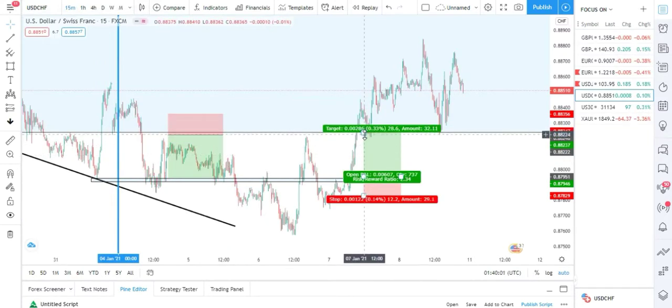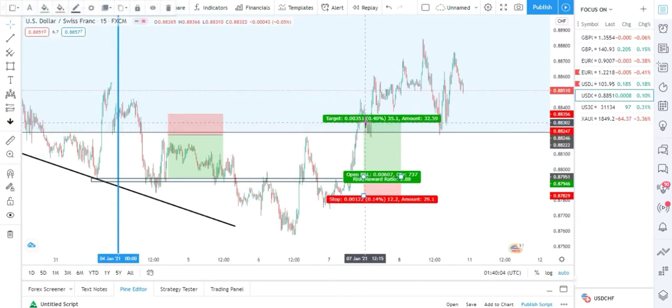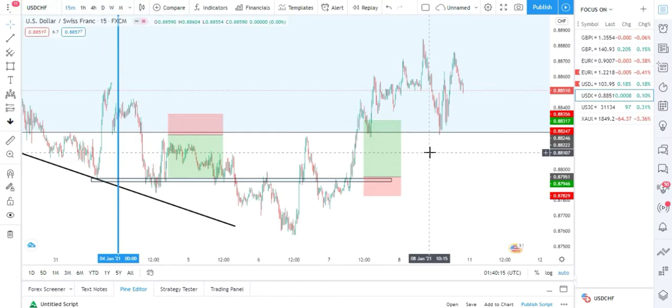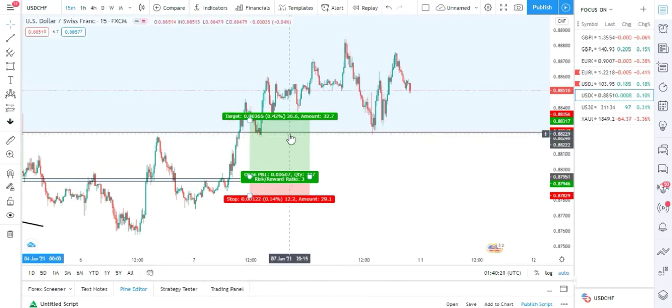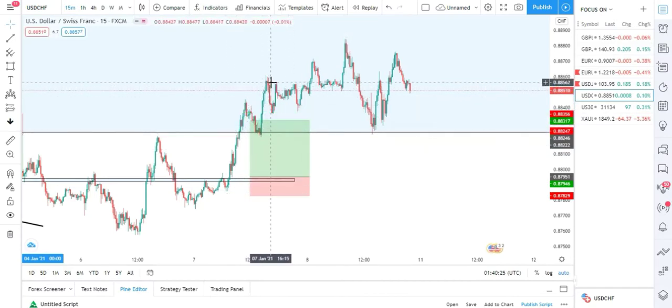Even more, I would have gone up, because I always aim for a 3-to-1 risk to reward ratio, around here. Then whatever happens next would have just been extra profits. I would have just locked my profits. But you can see it retested here and kept on going up.